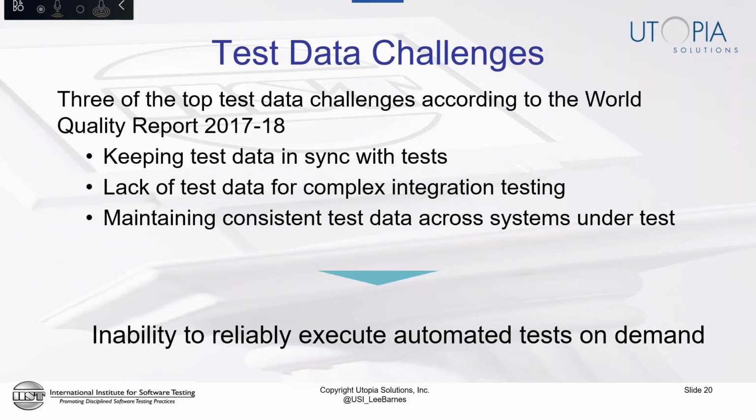But really, independent of the specific challenge, it all goes back to the inability to reliably execute automated tests on demand. And again, that flies directly in the face of what we're trying to get from DevOps. So all this points to a need for a test data management strategy.